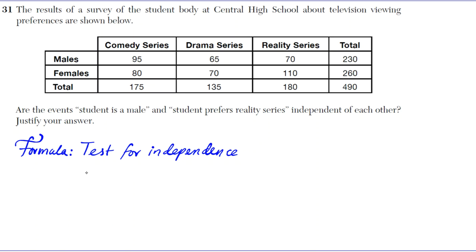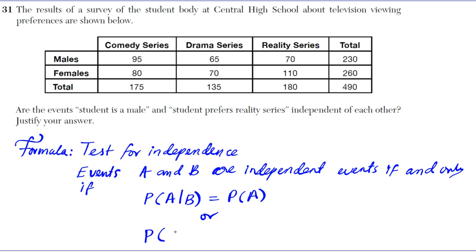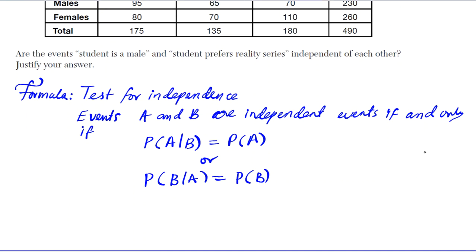Let's call them events A and B. Events A and B are independent events if and only if the probability of A given B is equal to the probability of A. Or you can write it this way: probability of B given A is the same thing as the probability of B. If you have a situation like this, then the two events A and B are independent.